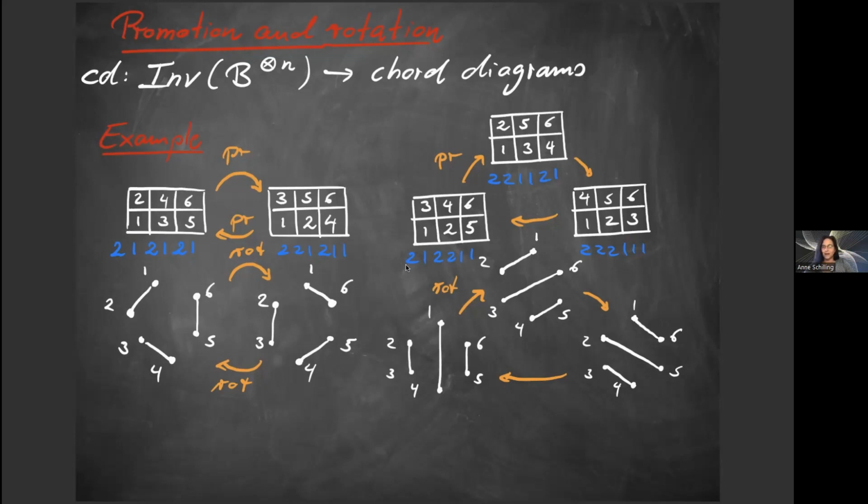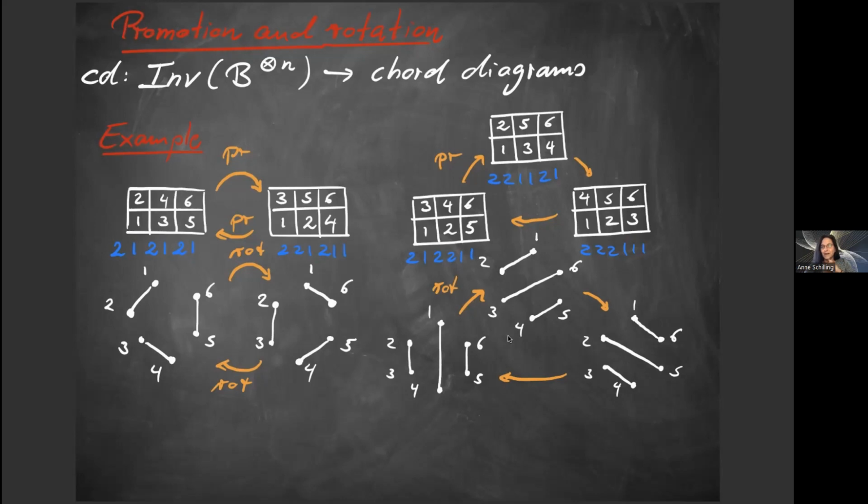And you can see that this is true also in all the cases, right? So here on the right, I have another example where I have a promotion orbit of size 3. And you can see on the level of chord diagrams, this really corresponds to rotation of my chord diagrams.